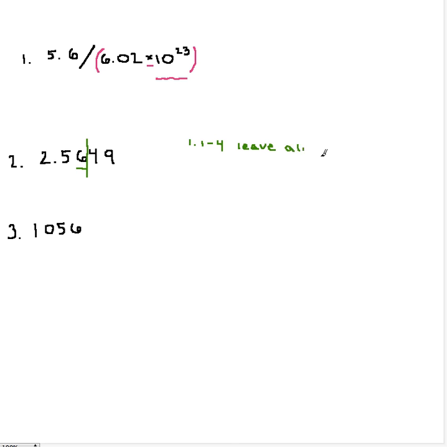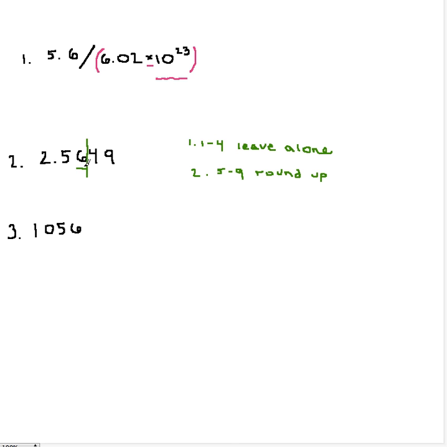If the number to the right of that line is between 5 and 9, you're going to round up. So, for example, you only look at the number right after this line.